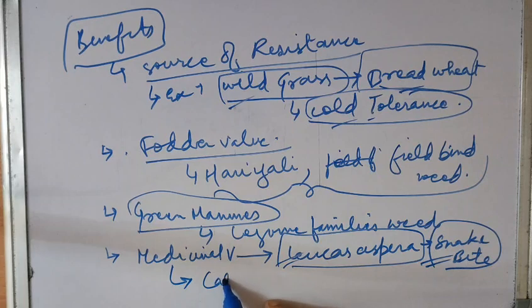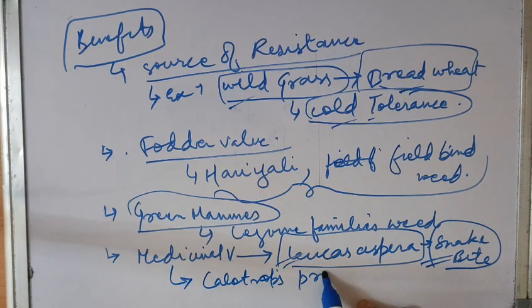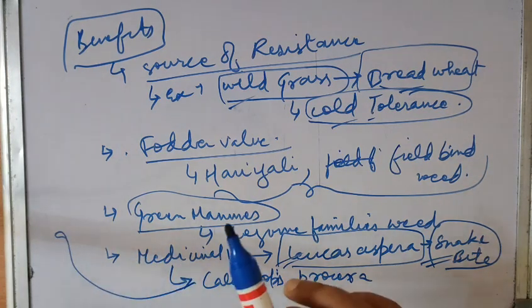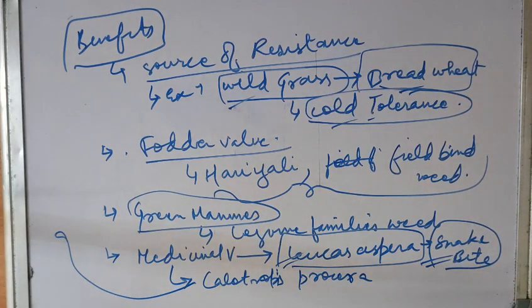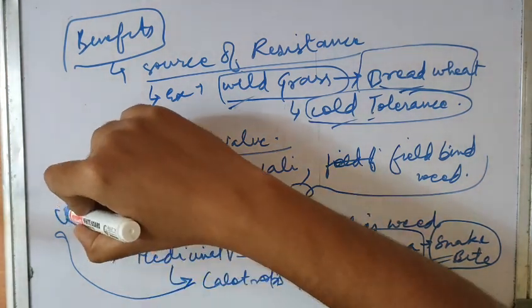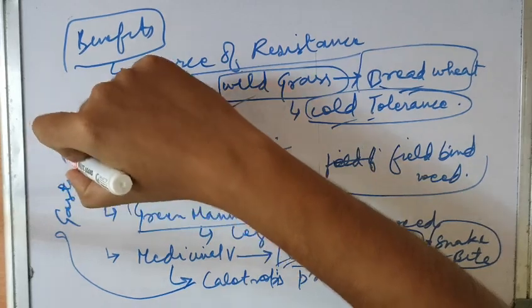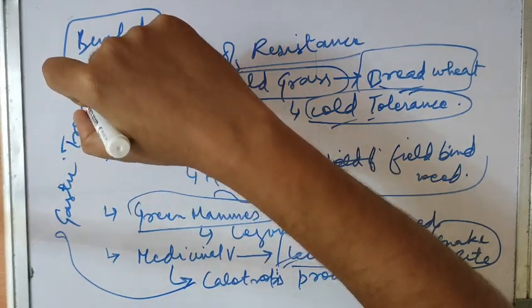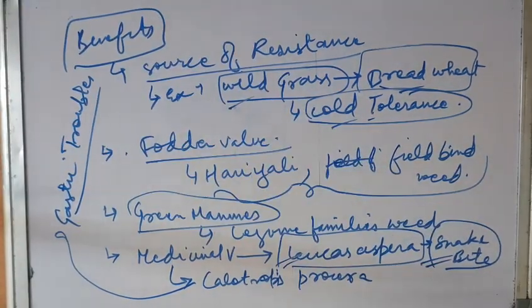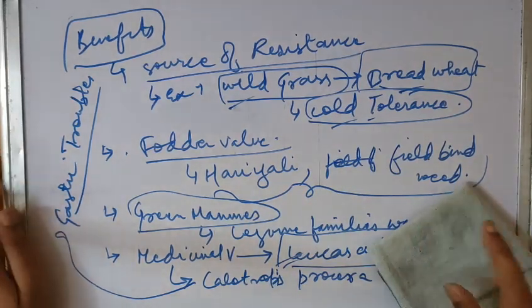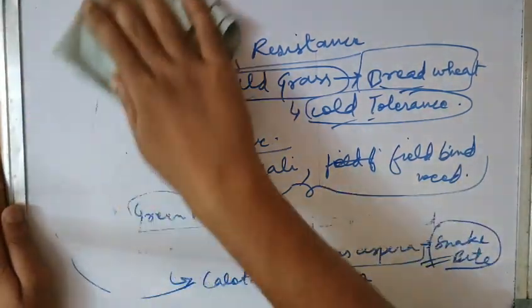We have got Calotropis procera. It has been highly used in gastric troubles. It is also found to help relieve acidity of our stomach. These are some common benefits.